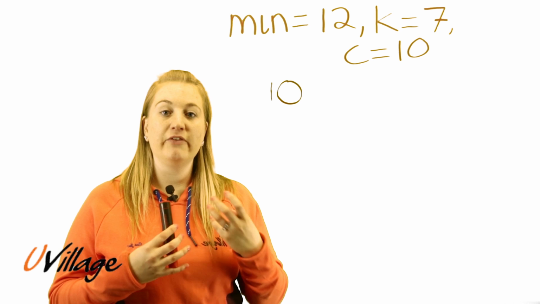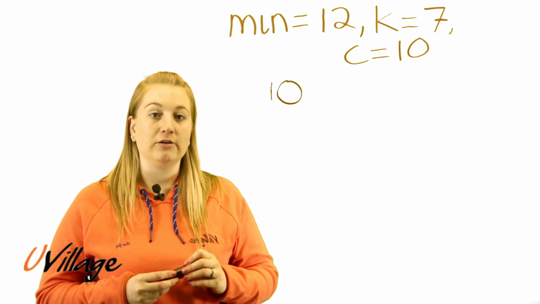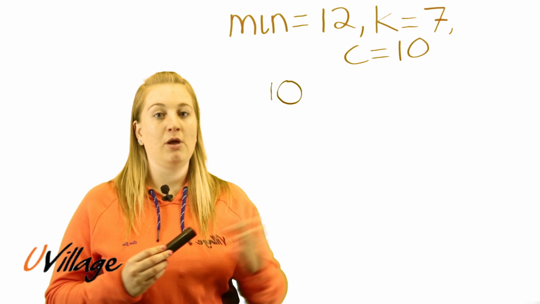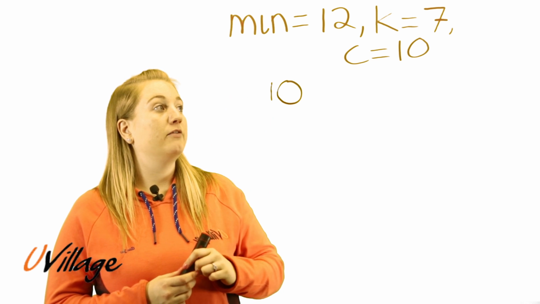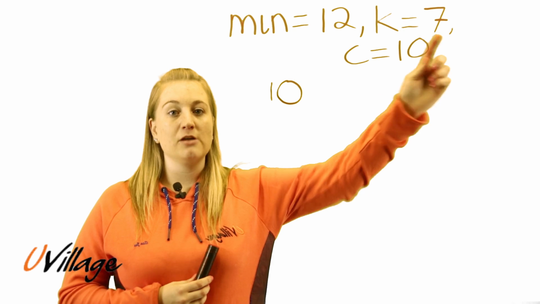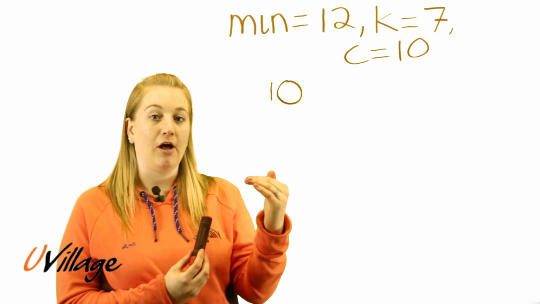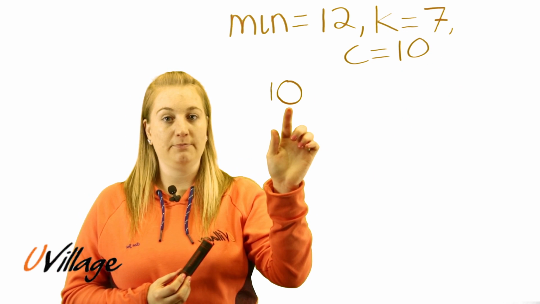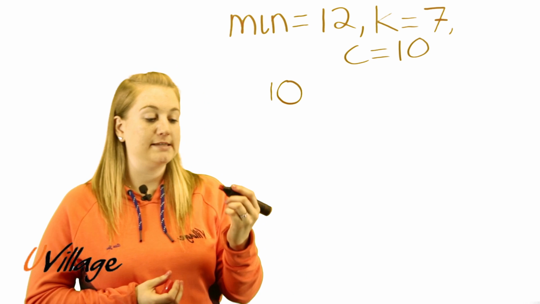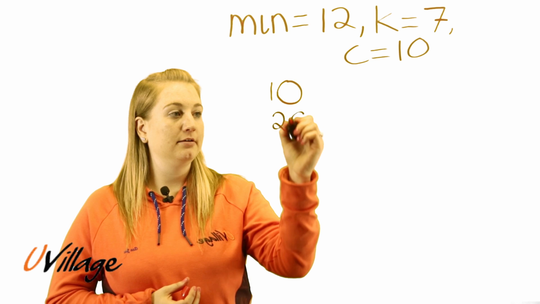The next step, the fifth step, is to calculate the lower values of all the next classes. So this is your lower value of your very first class, and you know we have 7 classes. So to calculate the lower value of your next class, all we do is add our class width of 10 to this value. So the lower value of the second class will be 20.